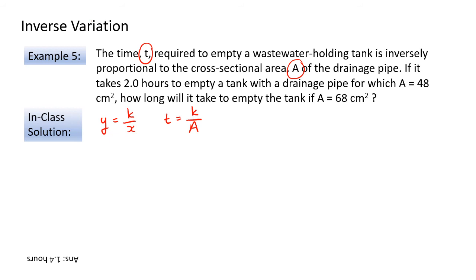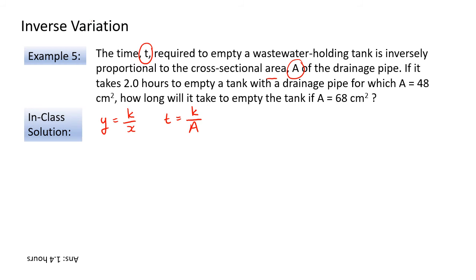So now that we have our equation written, and it just says it's inversely proportional to the area. It doesn't say the square of the area, the cube of the area, the square root of the area, it just says area.